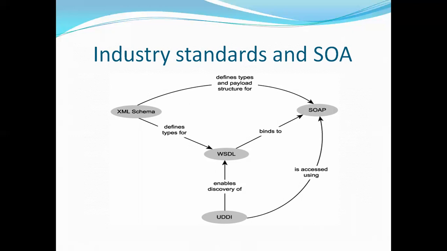Then the XML schema definition document is used as an input for the WSDL document. This XML schema document is also used as an input for the SOAP-based service. So SOAP takes its input from the XML schema document as well as the WSDL document.